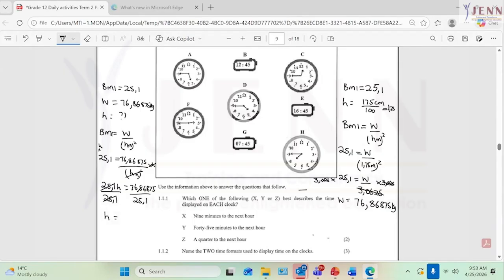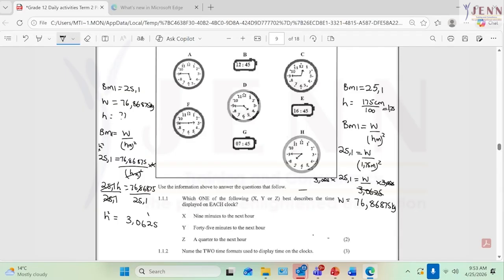There we have our height squared, which is 3.0625. Don't forget that the height is still squared. I'm sorry about that. Like I said, the opposite of division is multiplication.